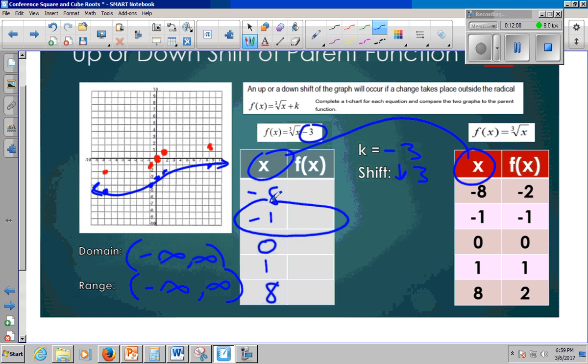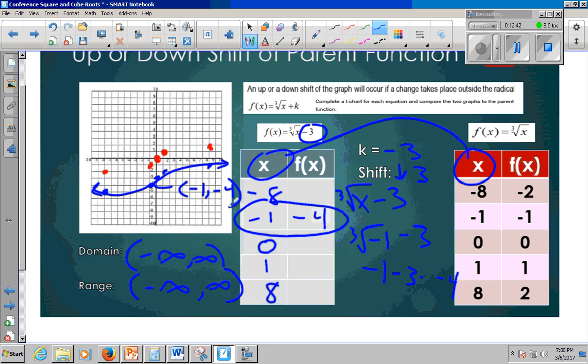If we had the cube root of x minus 3, and we take -1, so you have the cube root of -1 minus 3, which equals -4. Okay, so technically this point here better be -4. Well, if I go to -1, and I look, sure enough, this point right here is -1, -4. Okay, so that works out good.